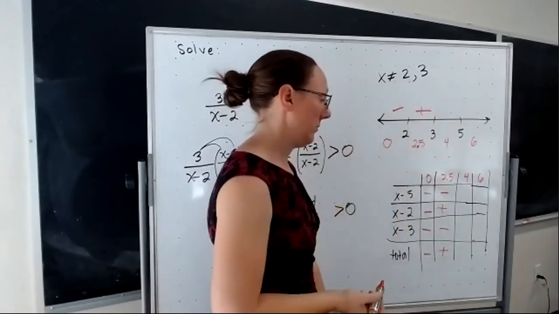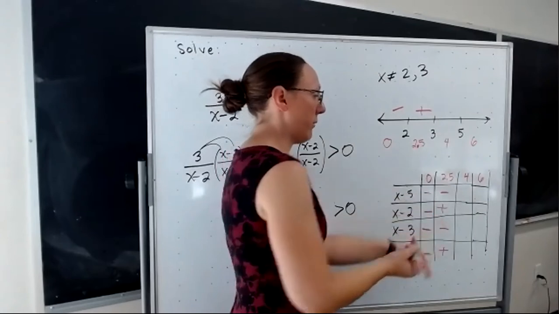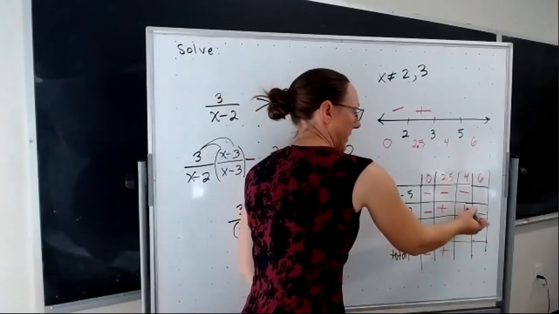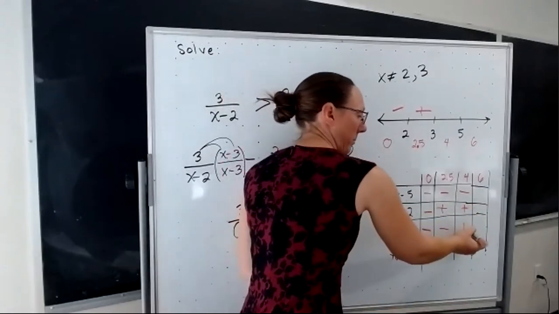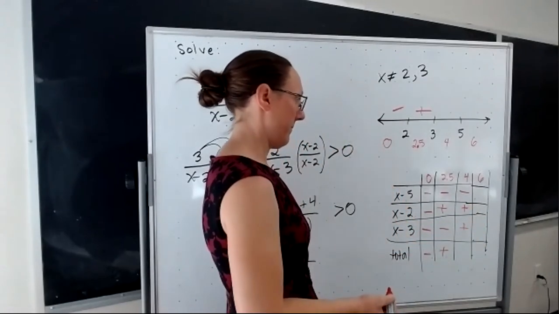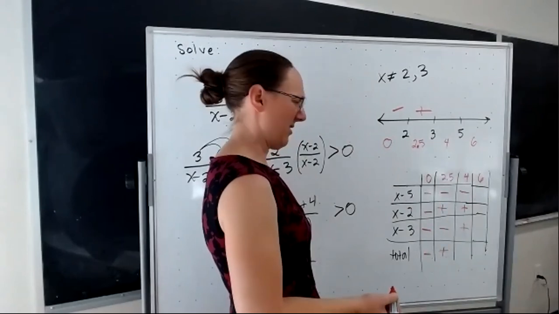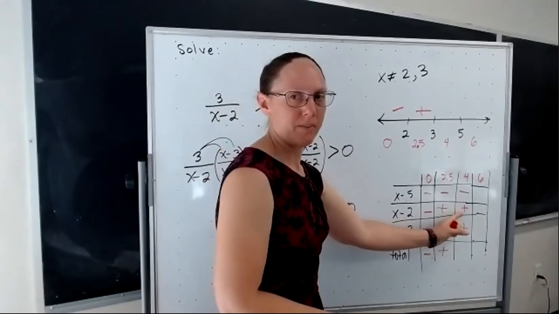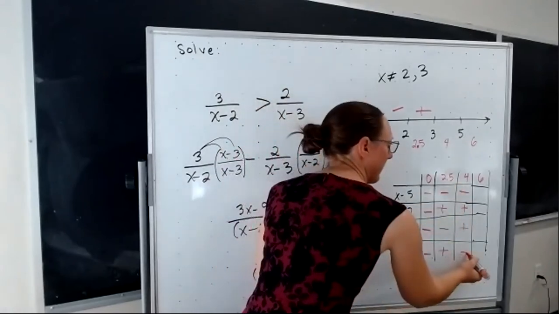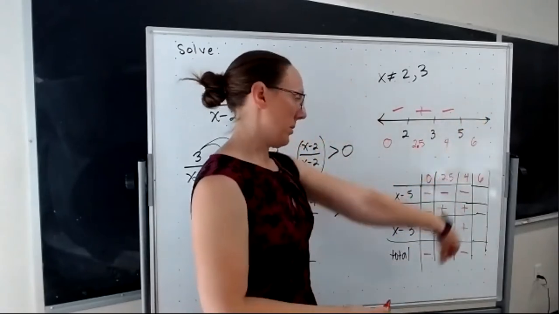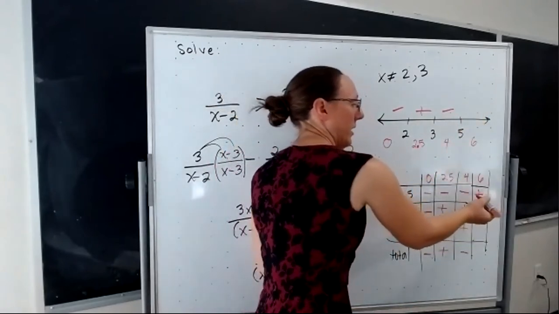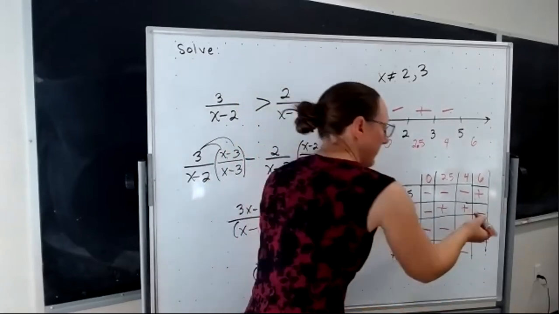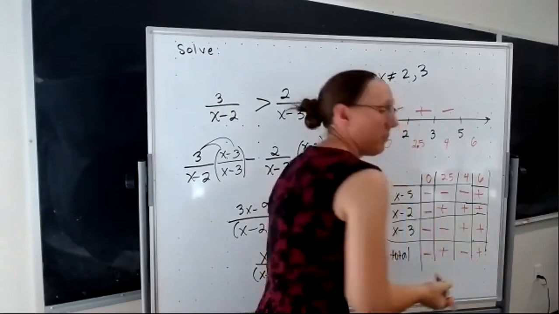If I stick in a 4, 4 minus 5 is negative. 4 minus 2, positive. 4 minus 3, positive. Did I do that right? Yeah. Positive times a positive, and then a negative divided by that positive makes that negative. I plug in a 6, 6 minus 5, positive. 6 minus 2, positive. 6 minus 3, positive. Positive overall.